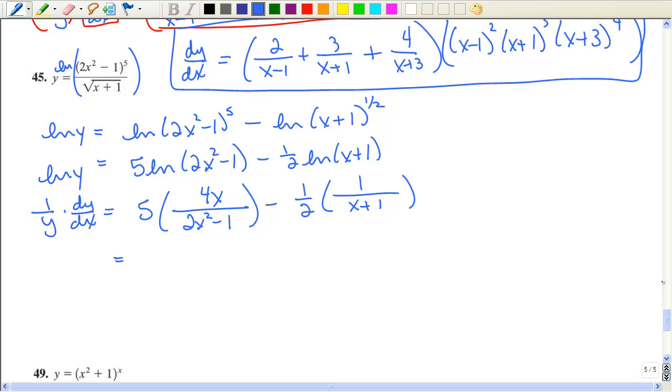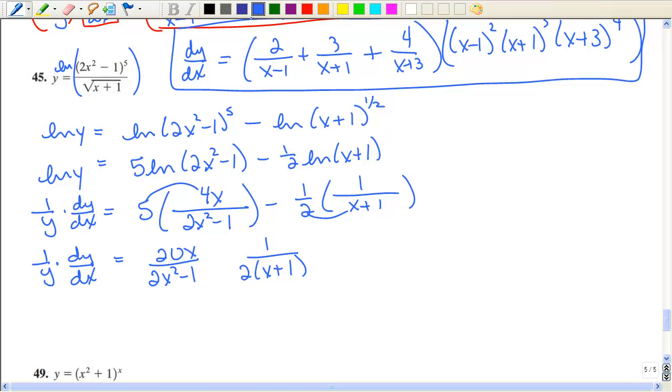The second step says to take the derivative. So I'm going to have 20x, multiplying that together. Then those both go in the denominator. All right, that's a minus sign between there. So that's dy/dx, and I'm going to do a couple of steps in one. So that's 1 over y times that equals that difference. Now I want to solve for dy/dx, so I multiply both sides by y.